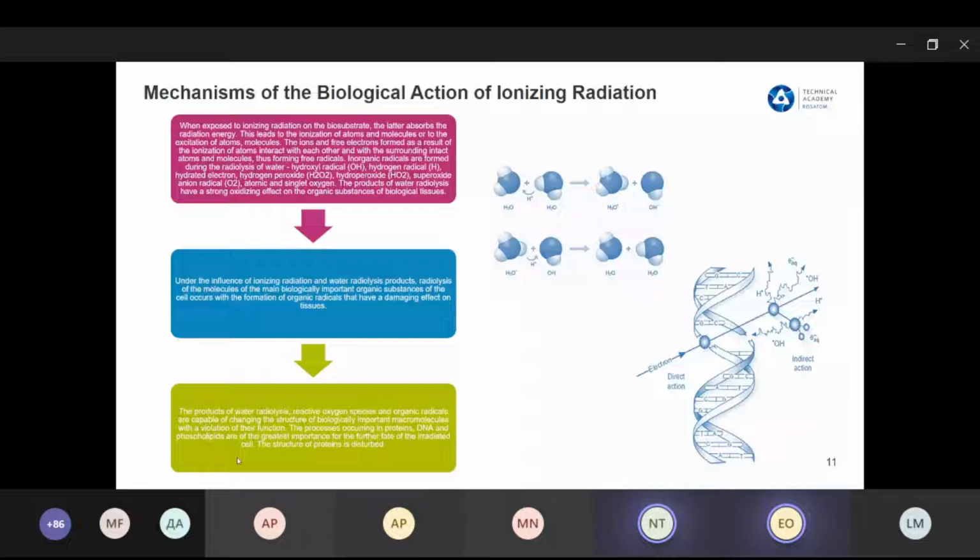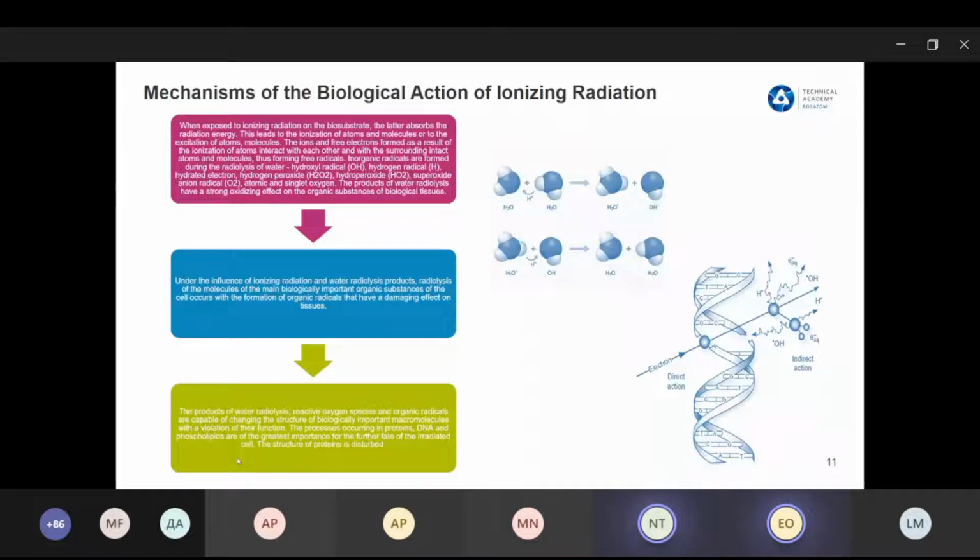It occurs not immediately after radiation, but during several cycles of division. Structural DNA damage is the main cause of reproductive death. Interphase cell death occurs before the cell enters mitosis.